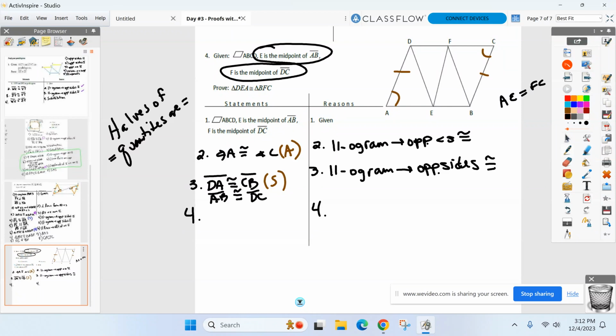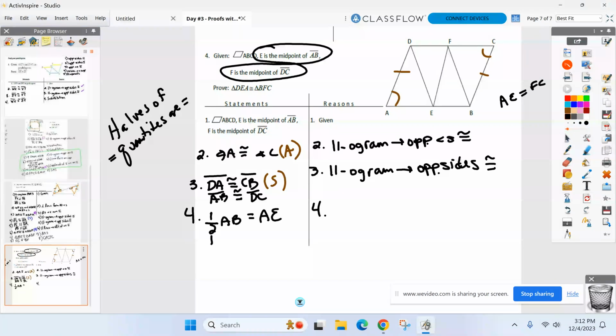They're congruent. And I'm going to take half of them. So I'm going to take, let's start here, half of AB. And what am I going to call that? Well, I got two options. I could call it AE or I could call it EB. Well, there's only one of those two line segments I'm concerned about in this proof, and that's AE. So I'm going to take half of AB and call this new line segment AE.